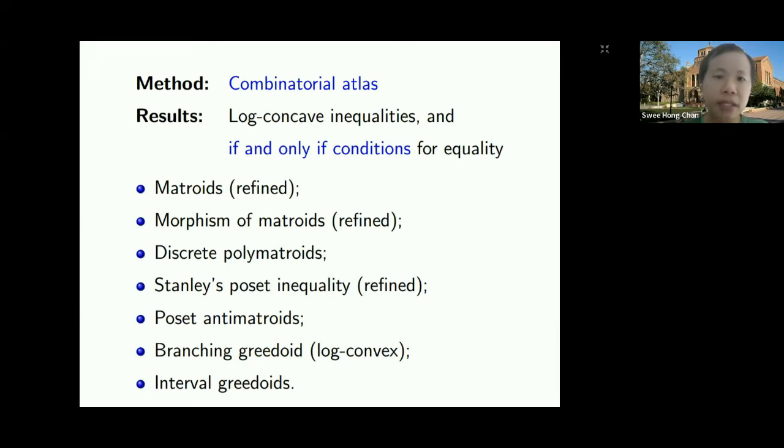Not only that, this method also comes with a built-in tool to systematically find the if and only if conditions for equality. This is very useful because equality conditions are usually used as a benchmark to show that we have a better understanding of the combinatorial structure.